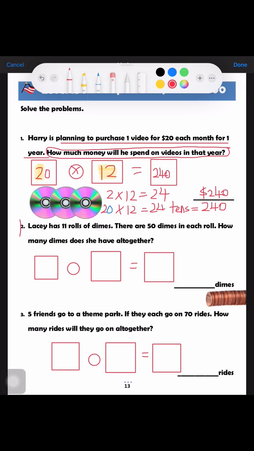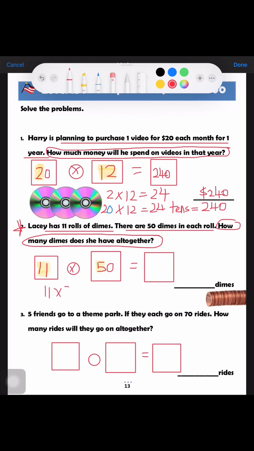Next question. Lacey has 11 rows of dimes. There are 50 dimes in each row. So how many dimes does she have altogether? She has 11 rows of dimes. In each row there are 50 dimes, so it is 11 times 50. Again, we think about the basic fact first. The basic fact is 11 times 5.